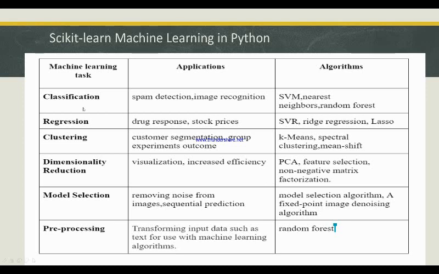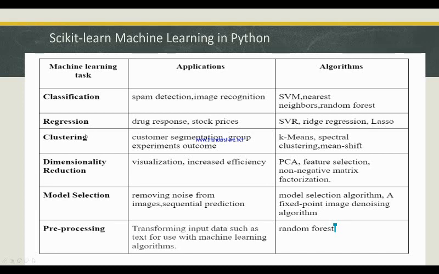For the classification task, the application is spam detection and image recognition. The algorithms used are SVM, support vector machine, nearest neighbors, and also random forest. For the regression task, the applications are drug response and stock prices. The algorithms are SVR, ridge regression, and lasso.